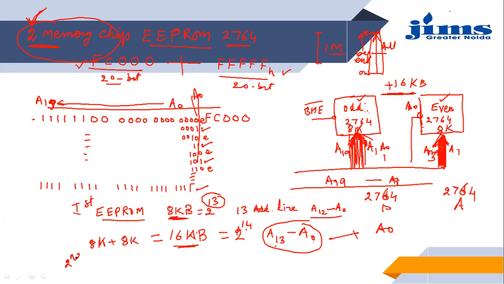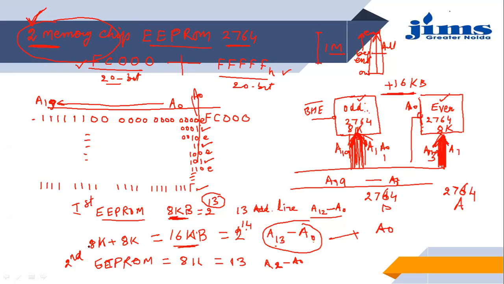Similarly, the second EEPROM is also of size 8 kilo and requires 13 address lines, A0 to A12.